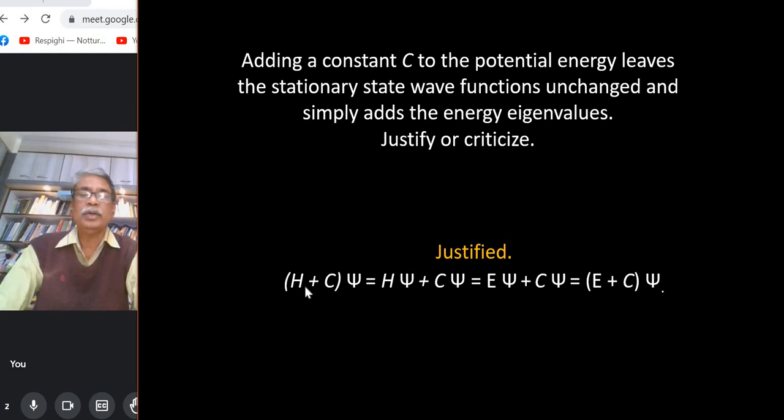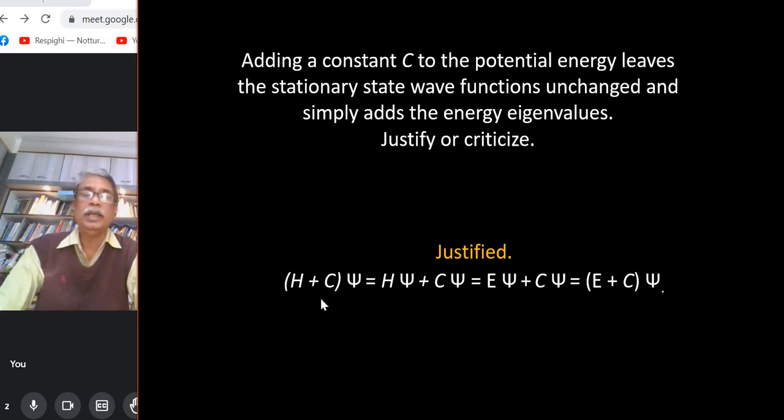H is the total energy Hamiltonian operator, and I am adding C. So now the operator is H plus C. Now this is of course H psi plus C psi. Now H psi is E psi and C is a constant. So E psi plus C psi. Both E and C are numbers, so you can take psi common. So it gives you E plus C times psi.